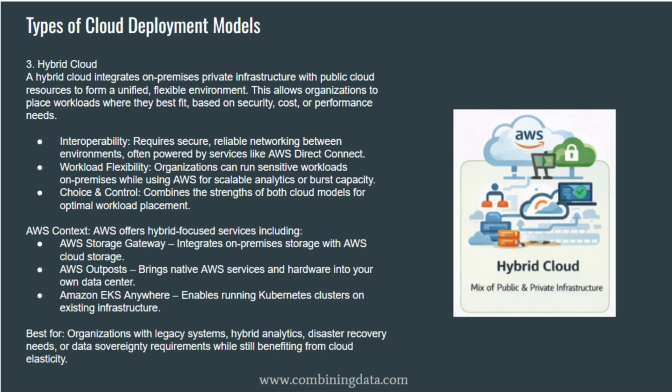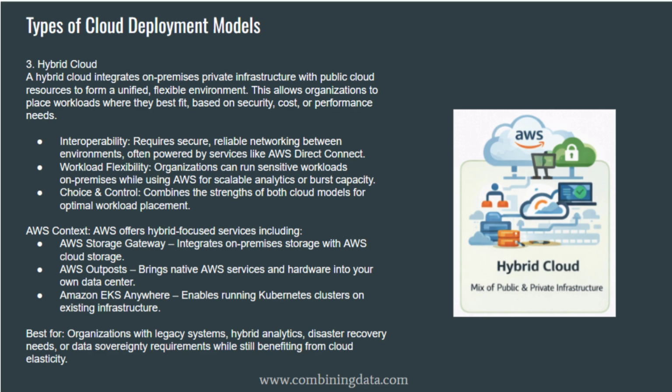AWS Outposts brings AWS managed hardware and services directly into your data center, so you can run AWS services on premises using the same APIs and tools. Amazon EKS Anywhere lets you run Kubernetes clusters on your own infrastructure while maintaining consistency with AWS managed Kubernetes in the cloud. For the exam, remember this clearly.